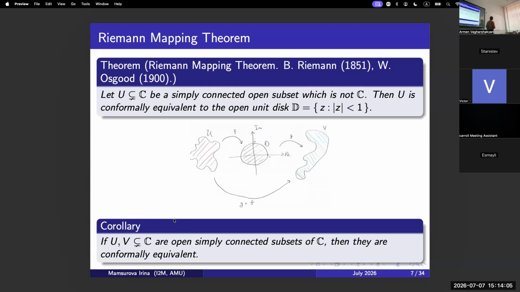It's a domain where you can take a loop and shrink it.